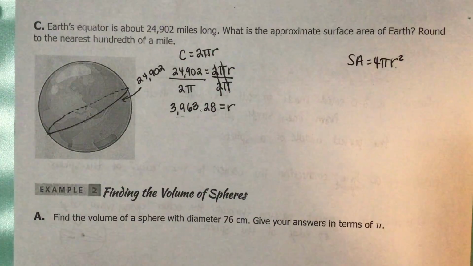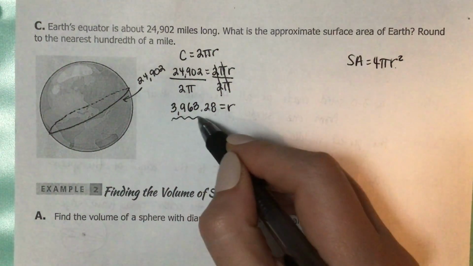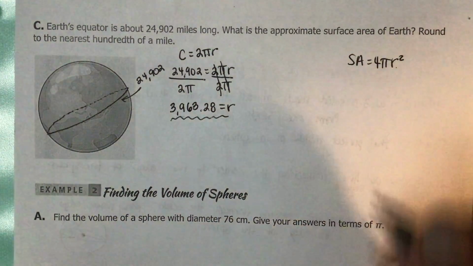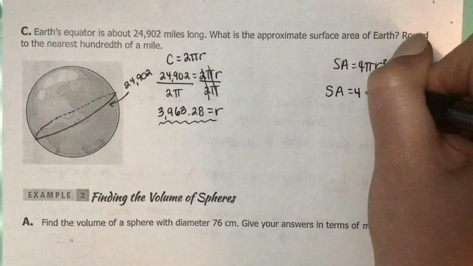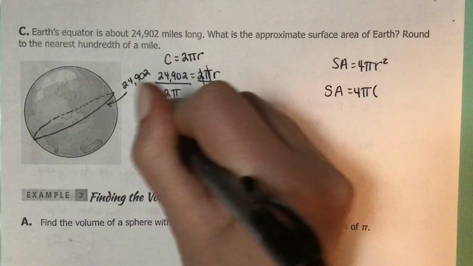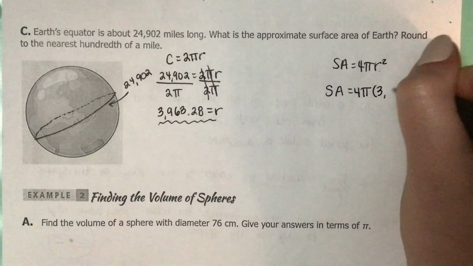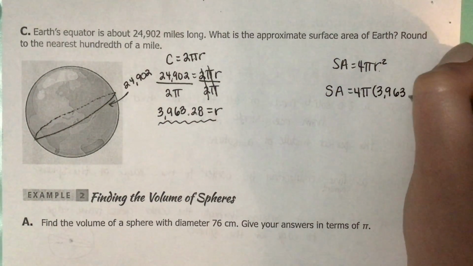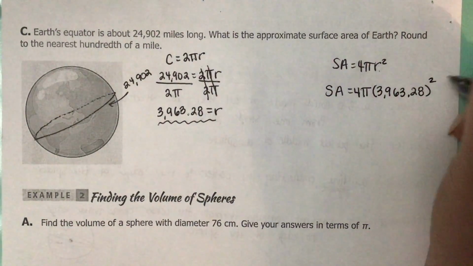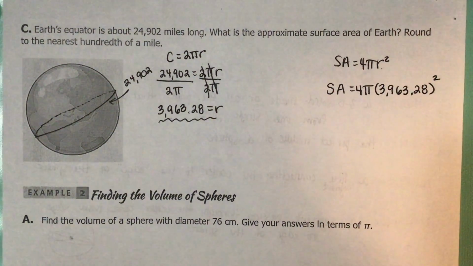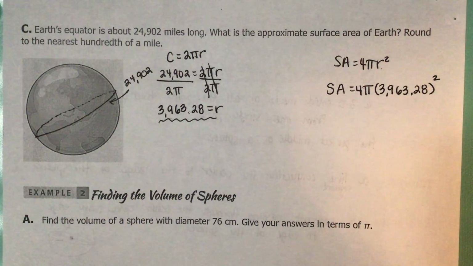So what we're gonna do now, we're gonna take this value for r that we just calculated and stick it into our formula over here. So now surface area is equal to 4 times pi and then times our r value, which is 3,963.28 squared. All right, this is absolutely going to give us a big number.